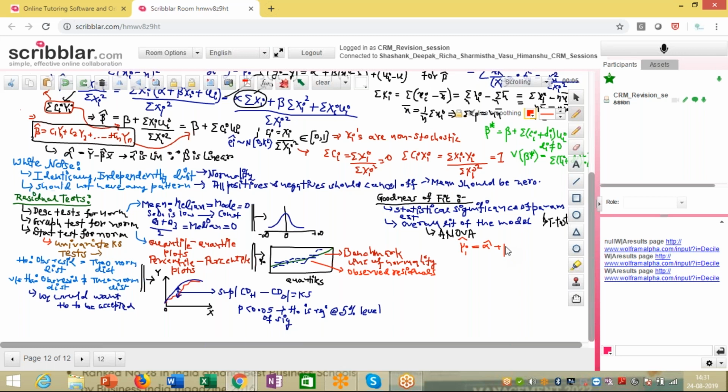Beta hat denotes the slope coefficient. It shows the element of responsiveness that yi hat would have to a 1 unit change in xi. So what we are trying to understand in the first place is: does xi cause yi?